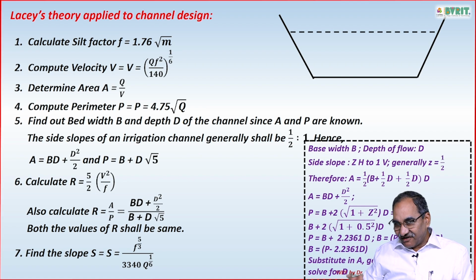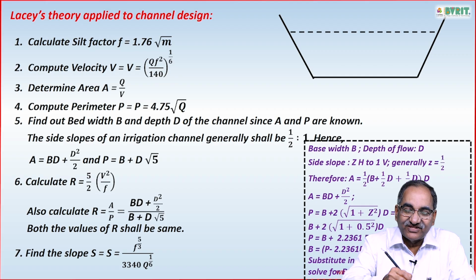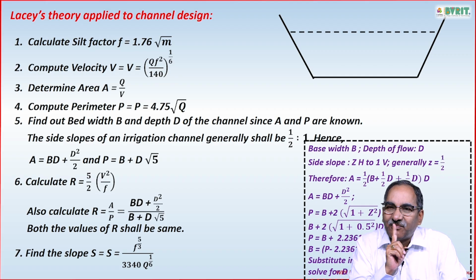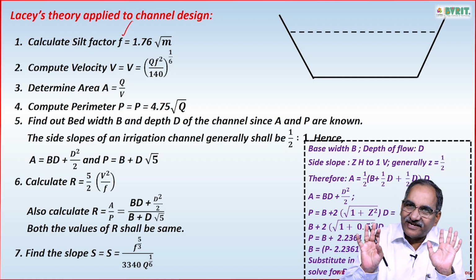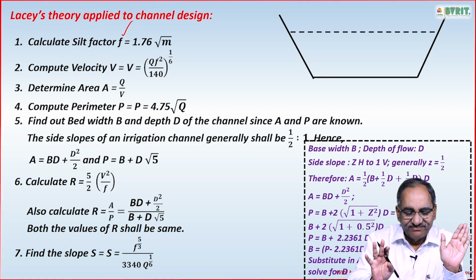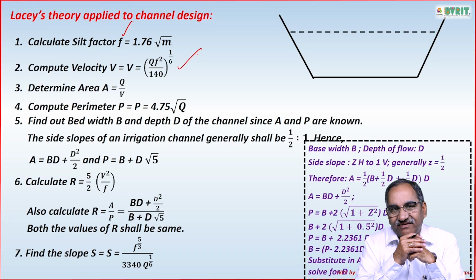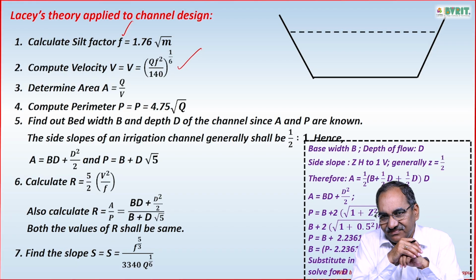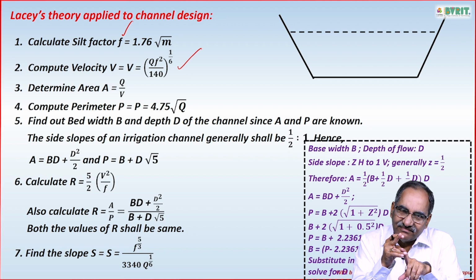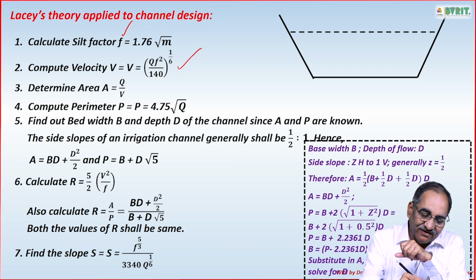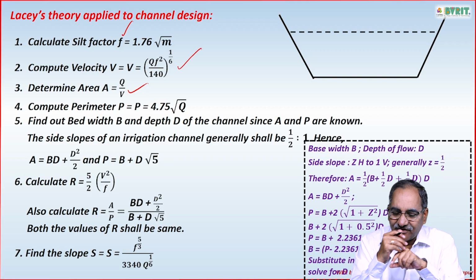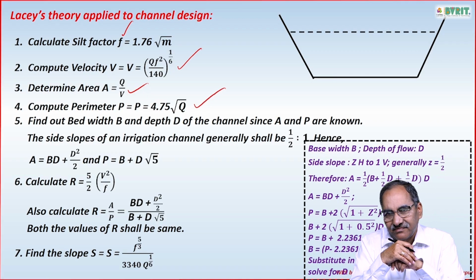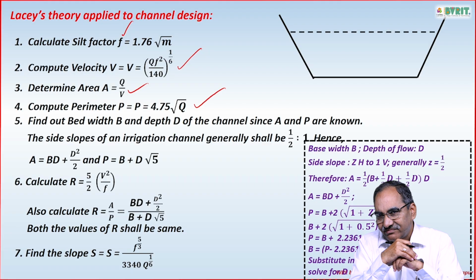Once again, refresh yourself. First, if the diameter of the silt particle is given, calculate the silt factor. Or if the silt factor itself is given, fine. Then directly go for the velocity of flow. Q is given, F you calculated or was given, find out V. Then calculate A. Again you know the equation for P. A and P are known.